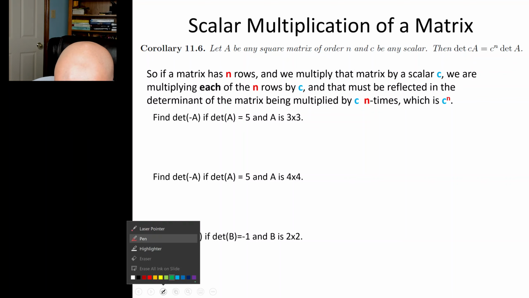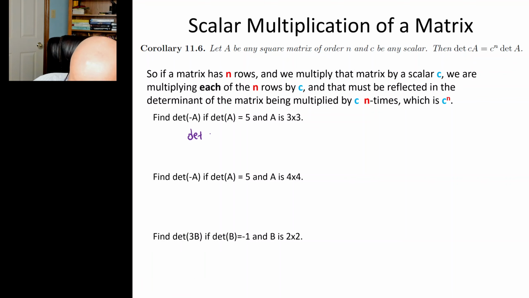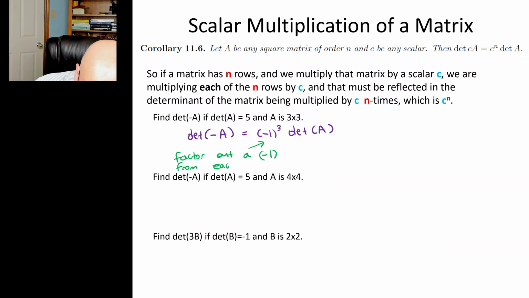So the determinant of negative A is going to be, I'm going to take the negative 1 out 3 times, negative 1 to the power of 3 times the determinant of A. So we factor out a negative 1 from each row.